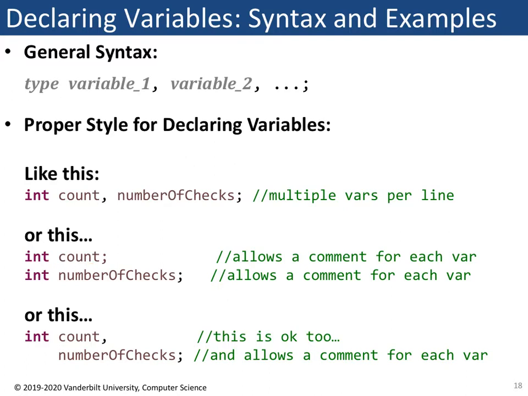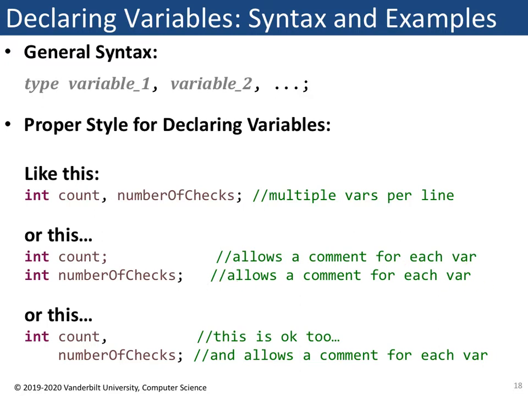So we have declared the variable count, and then we have int numberOfChecks, semicolon. So we've declared the variable numberOfChecks with type integer. One of the benefits of doing individual variable declarations on each line, so one variable declaration per line instead of doing multiple declarations in a single line, is that you're able to comment each variable independently.